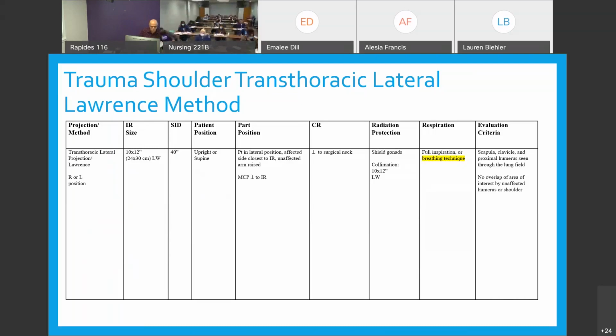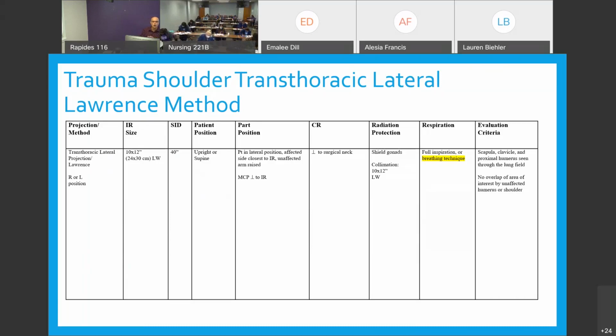All right. So transthoracic lateral projection. I'm on page 236, top of the page. You need to know the projection. It's called a transthoracic. Listen to the words.